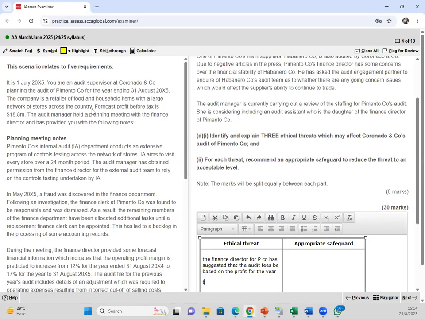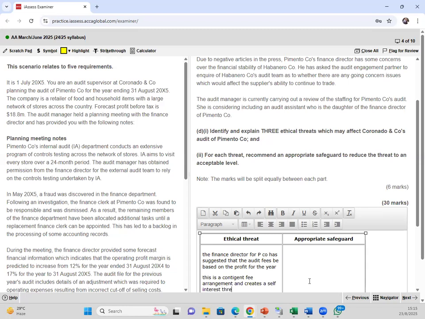This is a contingent fee arrangement, and it creates a self-interest threat. Why?